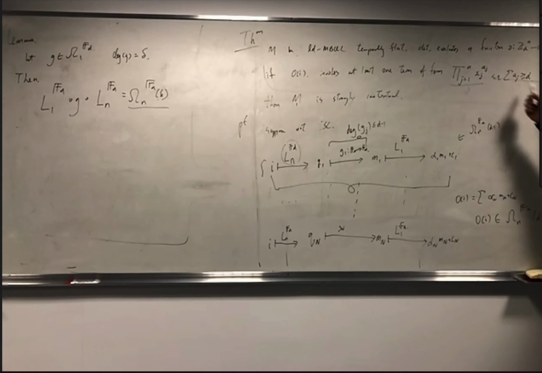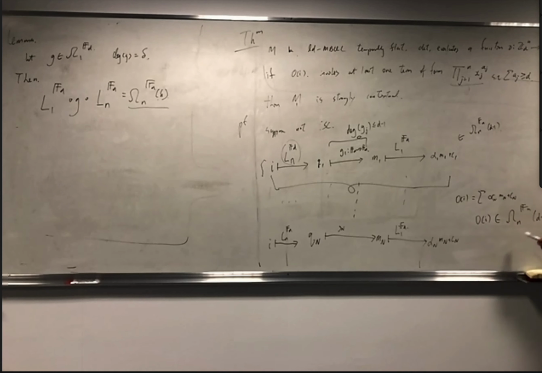Because there's at least one term with degree bigger than d, and here every degree is less than d minus 1. So that's how we prove the whole thing. And we finished the talk. Basically we have shown that the linear condition does not work nicely in terms of contextuality. The relation is not that nice if you go to d being an odd prime. Okay, cool.